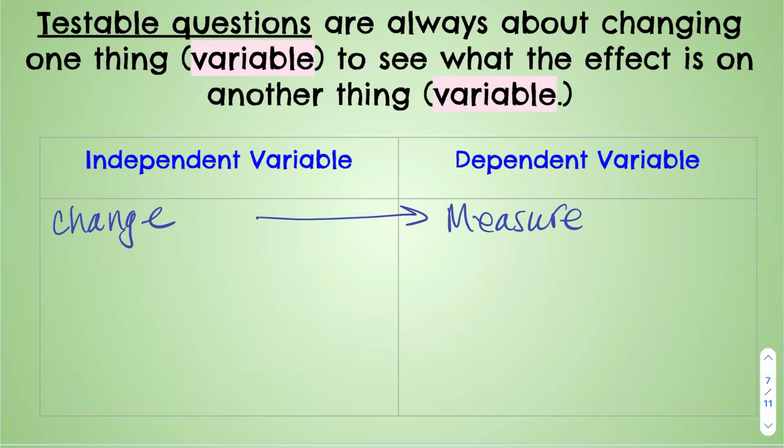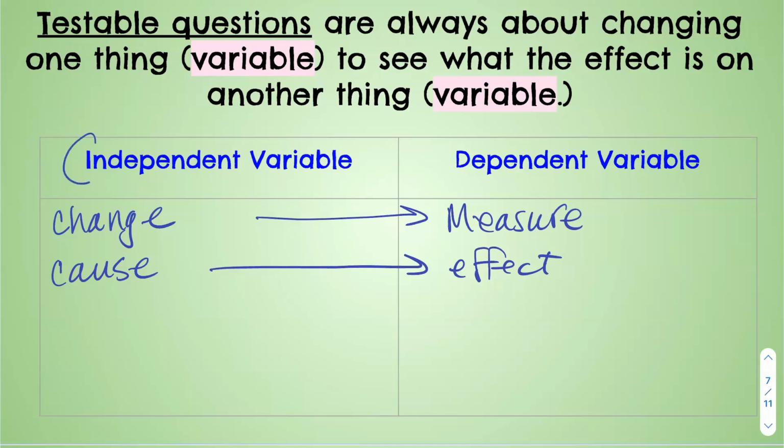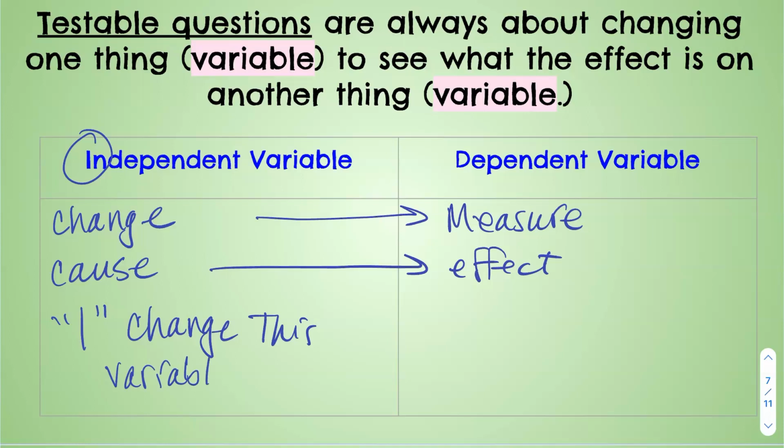Another way to say that is that the independent variable is the cause, and the dependent variable is the effect. A good way to remember this for experiment is independent variable starts with I, and I change the independent variable in an investigation. All right. So whatever happens to the dependent variable in an investigation is caused by the independent variable.